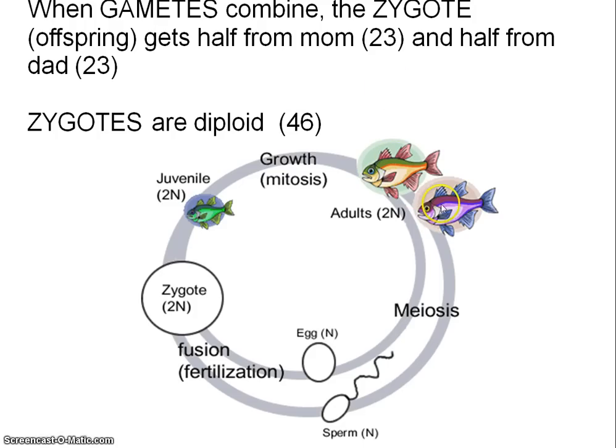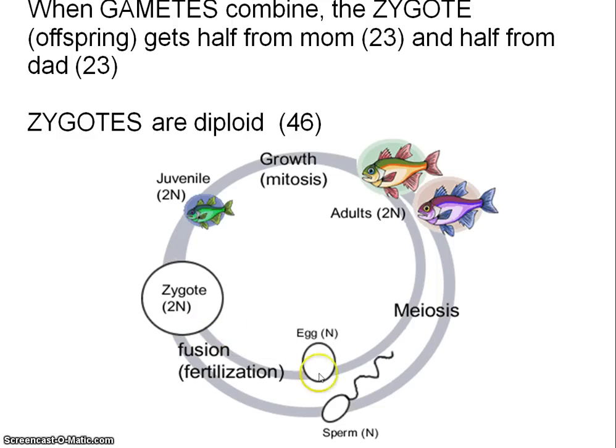So you have two adult fish that are diploid, so they have a complete set of chromosomes. They each undergo meiosis and create haploid cells. Mom creates a haploid egg, dad a haploid sperm. Those combine during fertilization to form a zygote, which is now diploid.